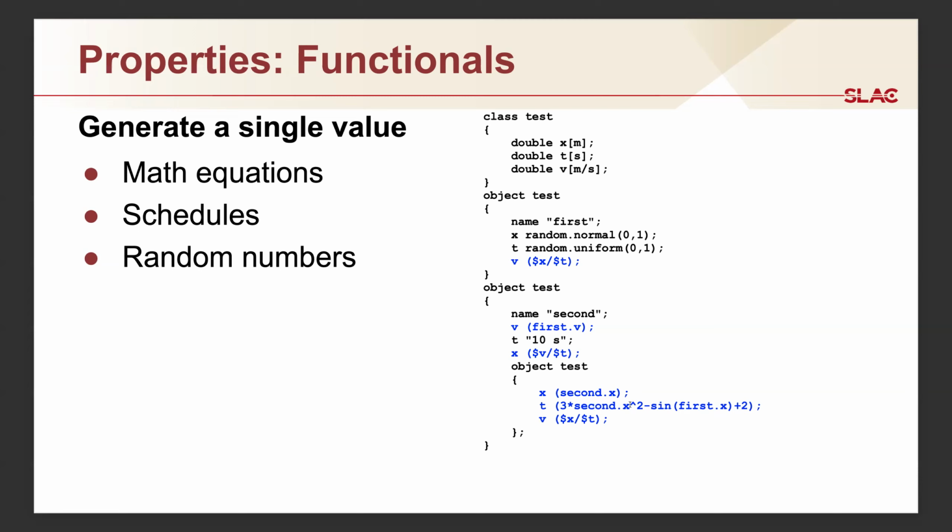So for example, it's taking here the value of x, squaring it, multiplying it by 3, and subtracting sine of the value of x from the first one and adding 2. That technique is supported for properties as they're being read in. This allows you to create properties that have sophisticated relationships with other properties in the model, provided those properties have already been defined. So that's one big caveat. If the property doesn't already exist, it cannot complete the calculation, and there's no such thing as postponing that calculation.